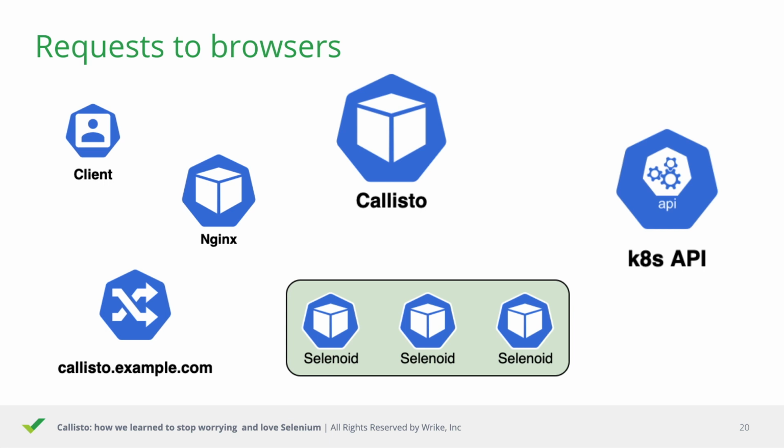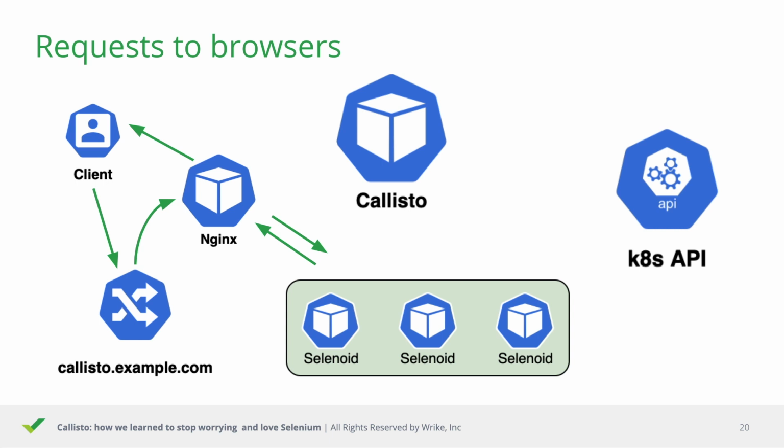Client sends some testing requests to our Callisto endpoint. Nginx forwards these requests to the browser, and the browser does some work, makes some test actions, and after completion of these actions, we just return to our client some sort of response.